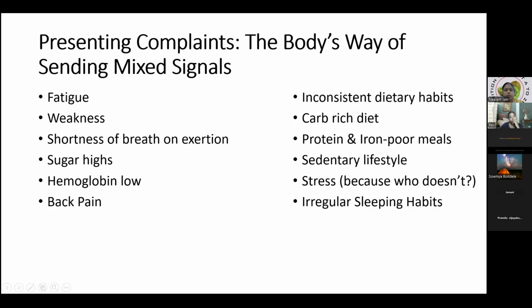So the complaints were weakness, fatigue, shortness of breath, high sugar, low hemoglobin, and back pain, and this was because they had very horrible dietary habits, mostly eating from outside, no home food. They had high carb, no protein, and a very sedentary lifestyle.